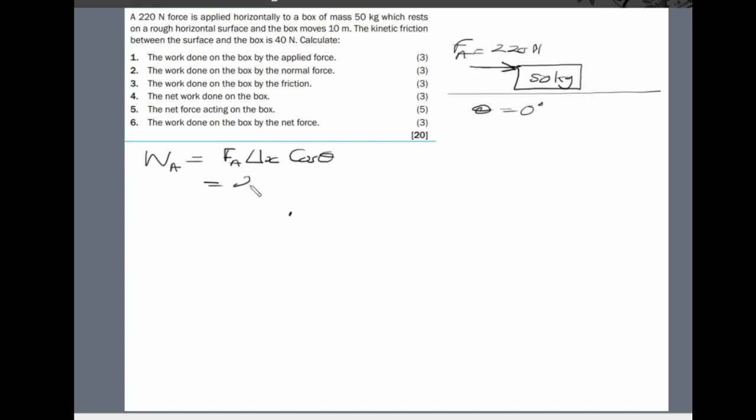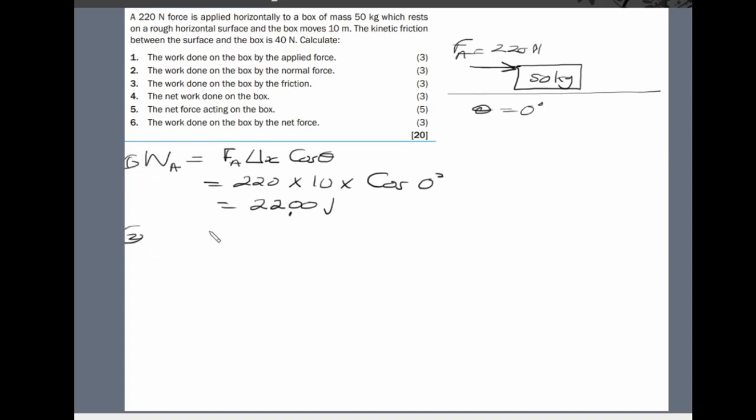So the force is 220, the displacement is 10 meters, and cos theta is cos 0 degrees. If you just punch this in your calculator, you'll see this is 2200 joules, right?